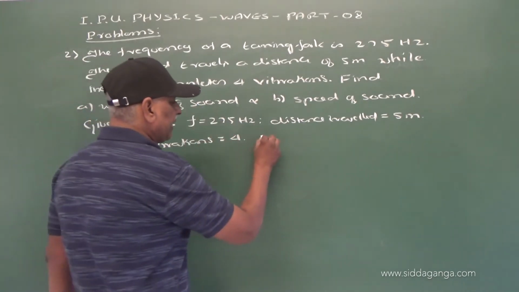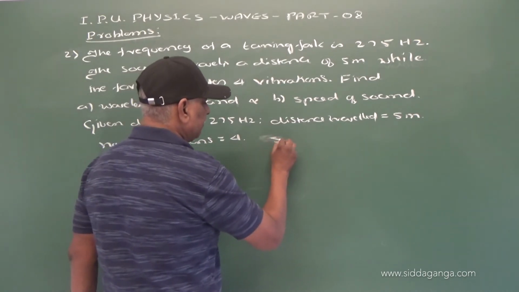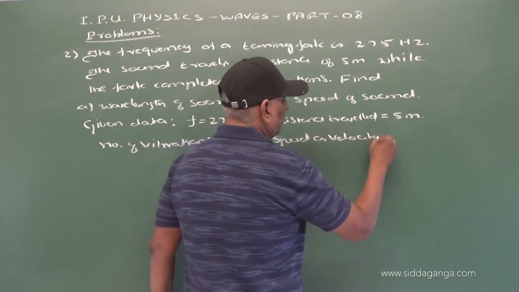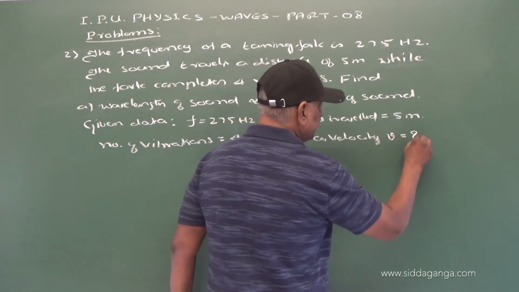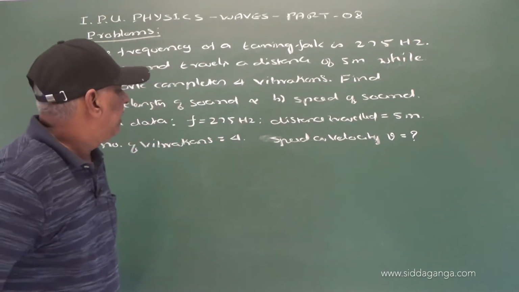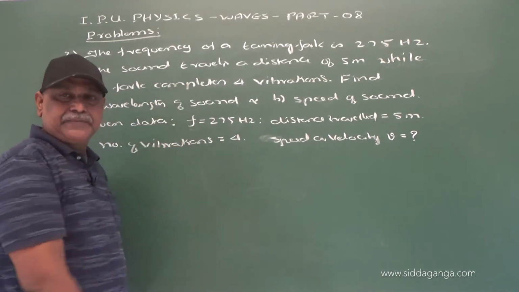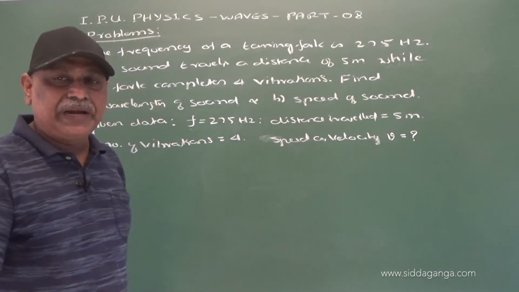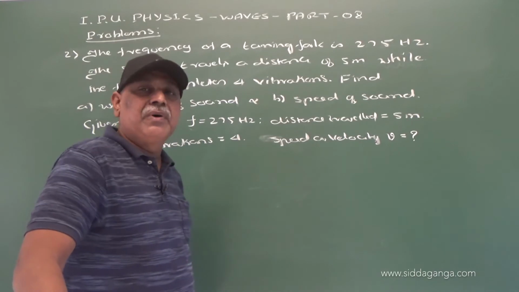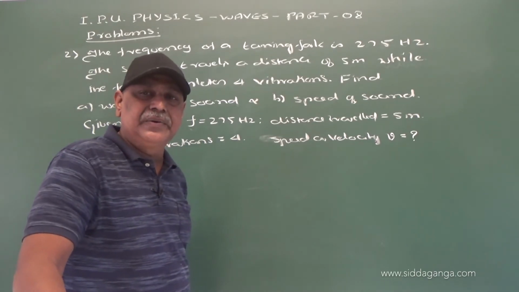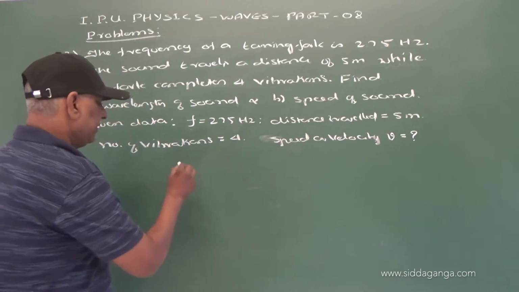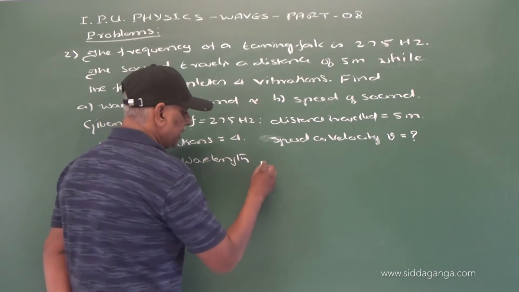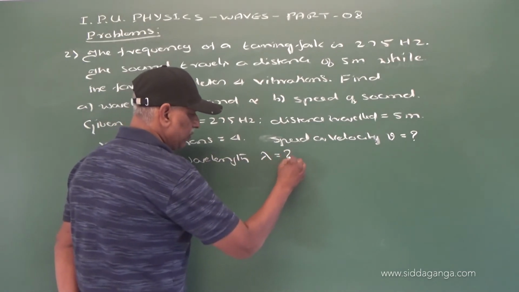Now what we need to find? Speed or velocity of sound V is equal to what? We have given the frequency. We need to find velocity. To find velocity with the help of frequency, we need a wavelength, right? Lambda is equal to what?